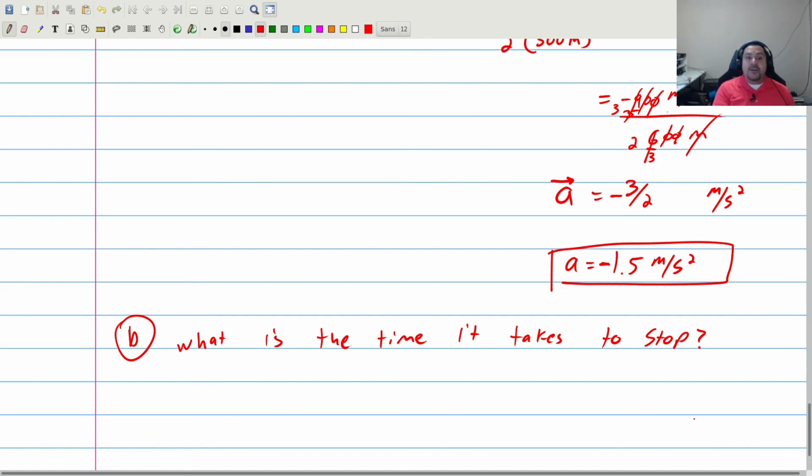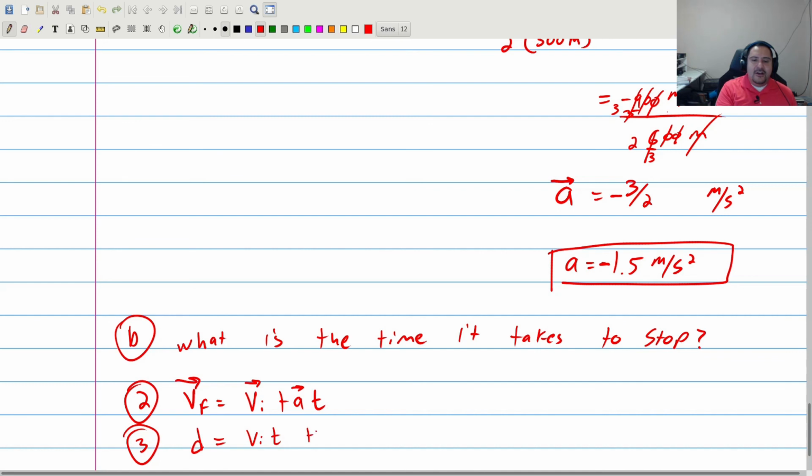One of them is kinematic equation number 2, which looks like this: V final equals V initial plus A times T. The other one is kinematic equation number 3, D equals V initial T plus 1/2 A T squared. So both of these equations will solve our problem.